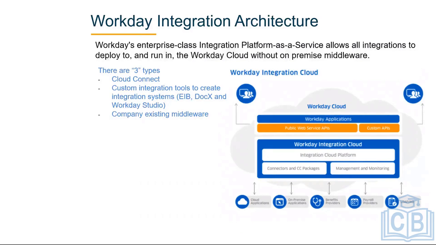There are three types of integrations. One is Cloud Connect. The second is customer integration tools to create integration systems, such as EIB, Core Connectors, and Workday Studio. And if your company has existing middleware, you can use that as well to send data into Workday or to retrieve data from Workday.